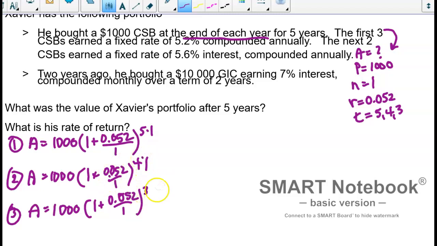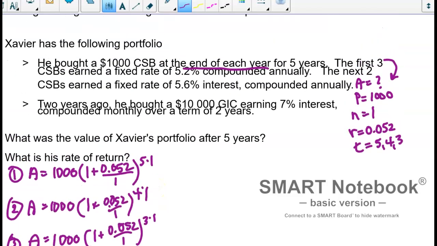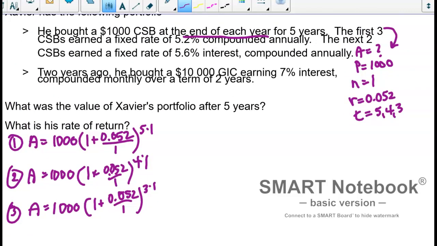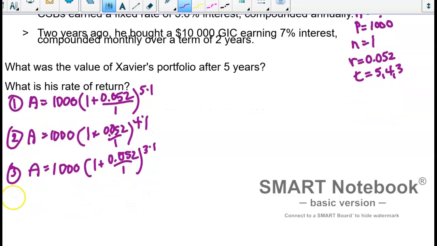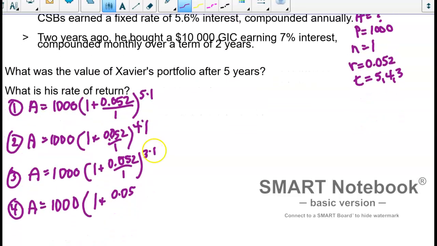Times 3 times 1. All right, now the fourth Canadian savings bond we bought just 2 years ago, but there was a different interest rate there. 0.056 went up a little bit, nice.